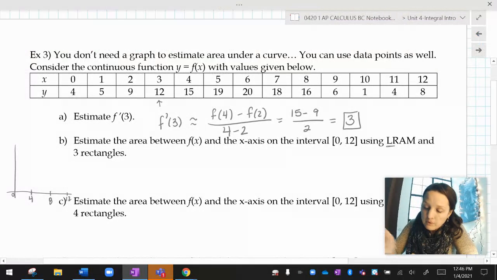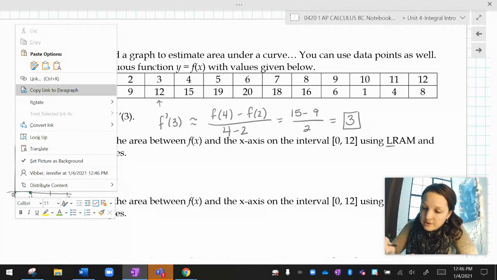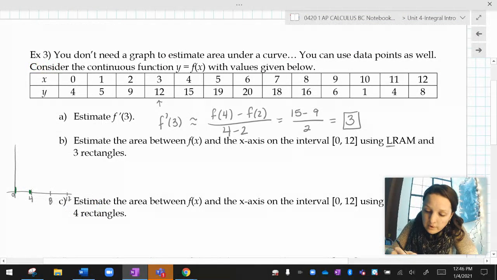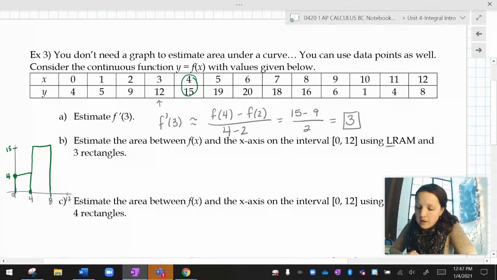So if I bring this to the left end point and draw up to the curve, at 0, y equals 4. So that rectangle will go from 0 to 4. My next rectangle is going to start at 4 and is supposed to go all the way up to 15. This is not drawn to scale. And then my last rectangle using LRAM would start at 8. 8 is at 16, so a little bit higher. And it would look like that.